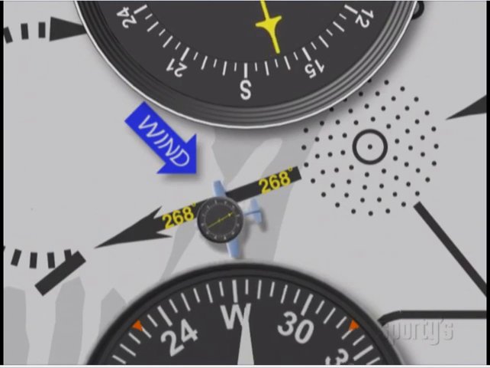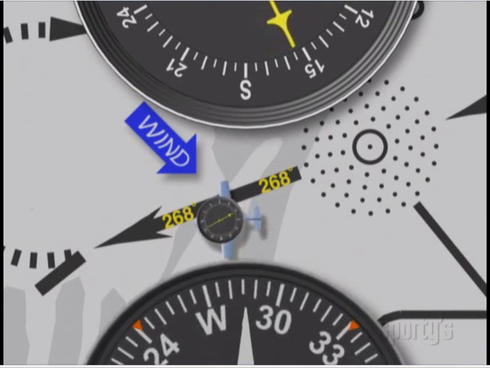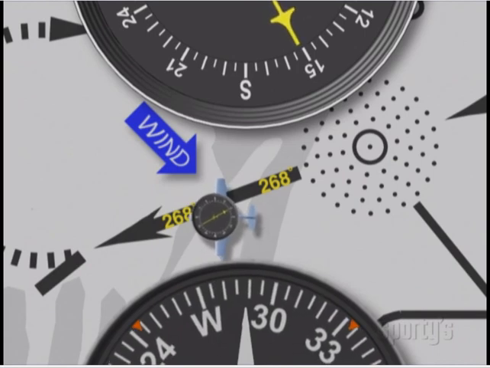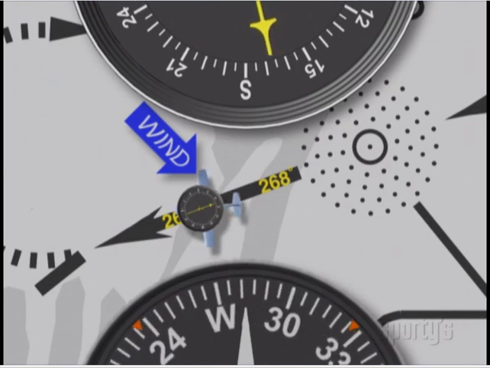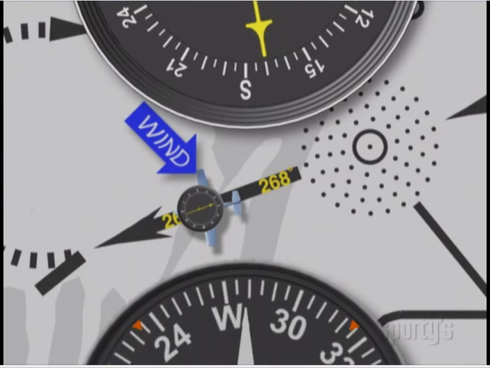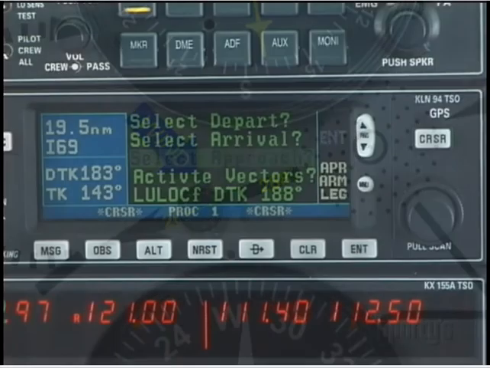The turn would be to 288 degrees. That's 20 degrees off the track. So when re-intercepting, the ADF would be 20 degrees off the tail, and you might want to turn back to 278, which would be a 10-degree correction for wind. The ADF needle would be 10 to the right of the tail. The heading would be 10 degrees to the right of the desired outbound track.